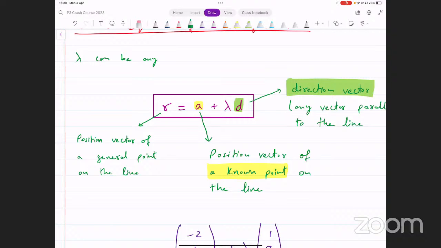Lambda basically can be any real number. So you can input any particular value of lambda here, and different values of lambda are going to give us different points on the line.